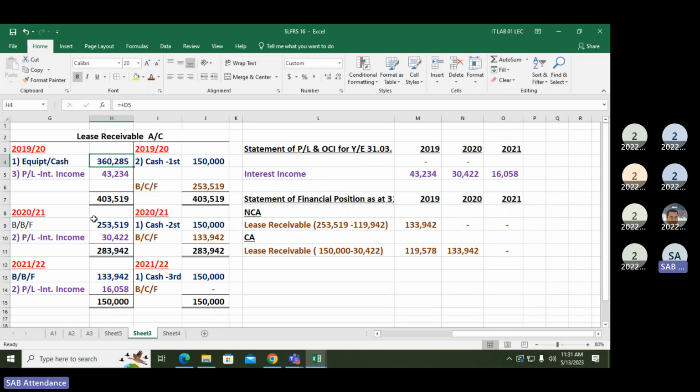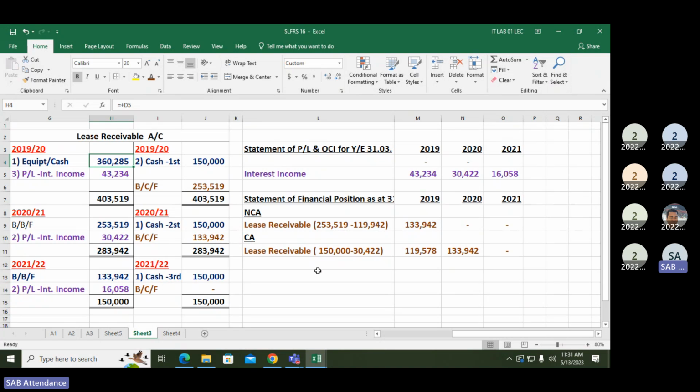So you have to recognize the cost of sales, removed from the inventory. You have the gross profit also. That is applicable when the lessor is the seller, the manufacturer of an item. So initial direct cost becomes part of the expense. You can charge to P&L, similar to a sales transaction.